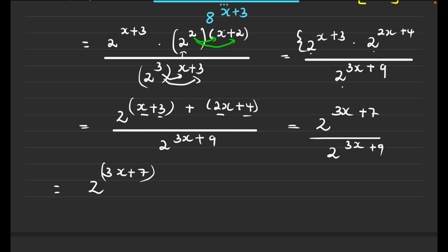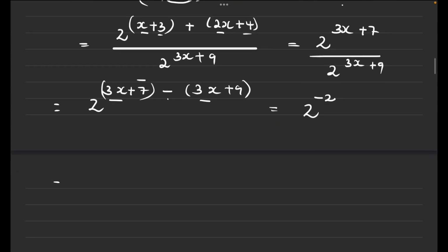So it's going to be 2 to the power 3x plus 7, this is the exponent of the numerator, minus the exponent of the denominator, 3x plus 9. So this equals 2 to the power 3x minus 3x, that's 0, 7 minus 9, that is minus 2.